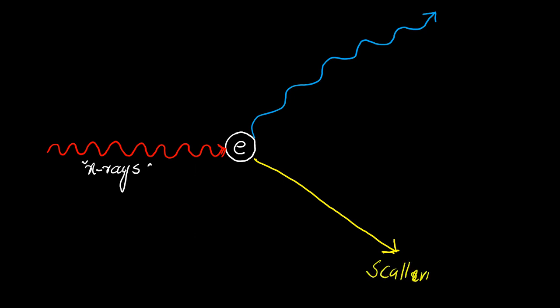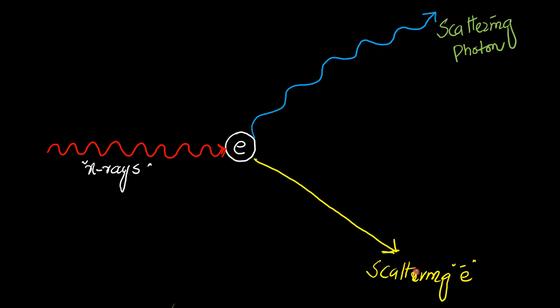It will be scattered in the form of X-rays with lesser frequency and longer wavelength. So it is a scattered photon. Basically, in the Compton effect, highly energetic X-rays are incident on the surface of graphite, which causes the ejection of an electron from the surface of the graphite.